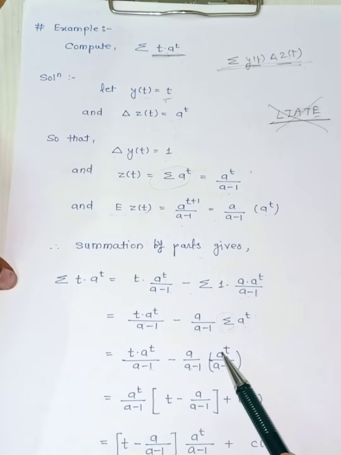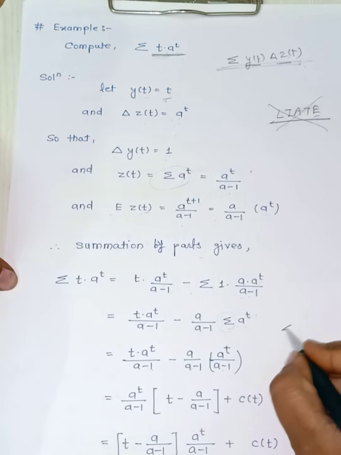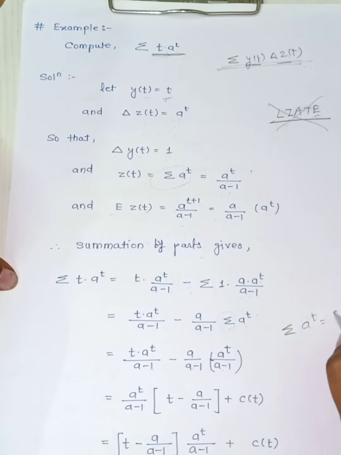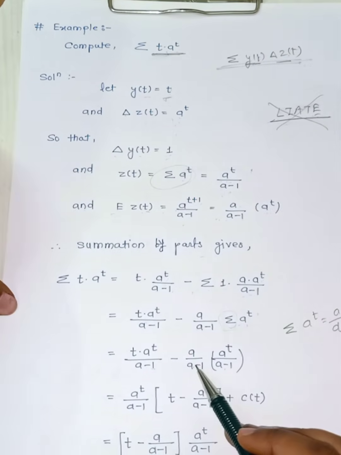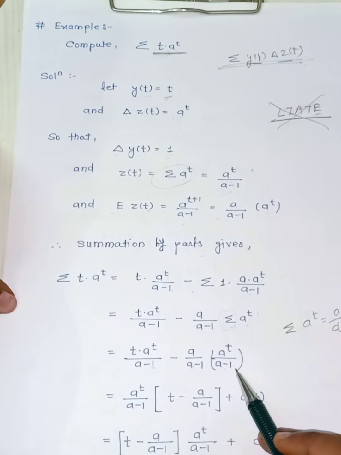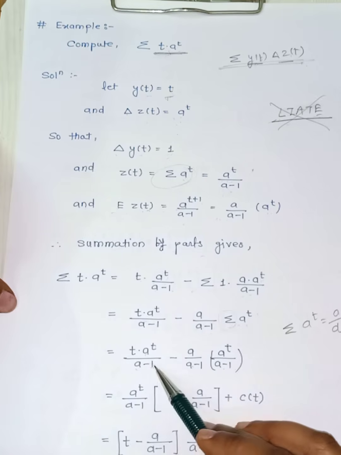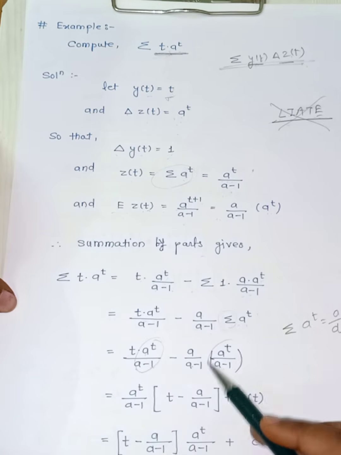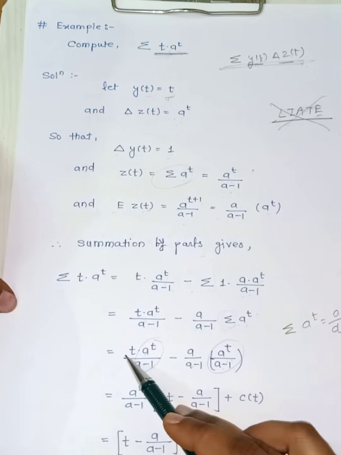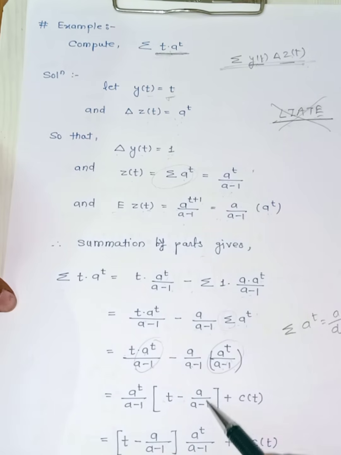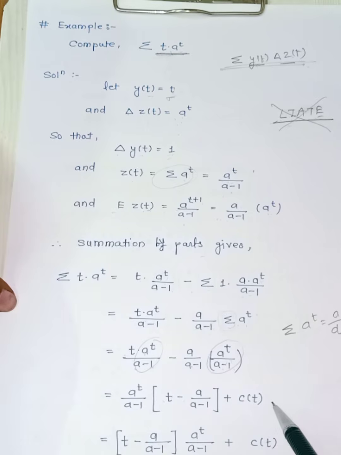So we are getting summation of a to the power t is equals to a to the power t upon a minus 1. So here a to the power t upon a minus 1 is common. So we are taking it outside, and what is remaining? t minus a upon a minus 1 plus c of t.